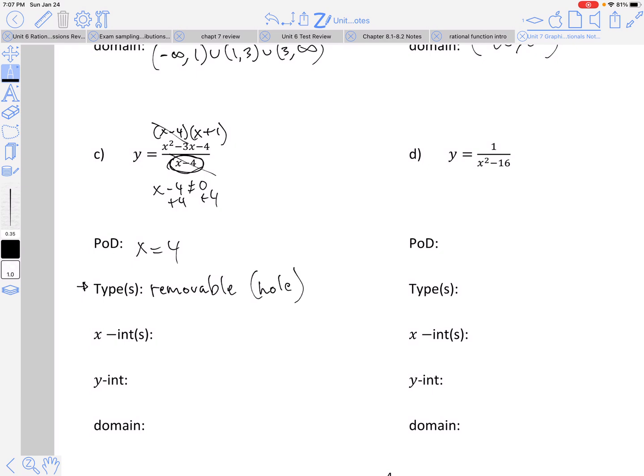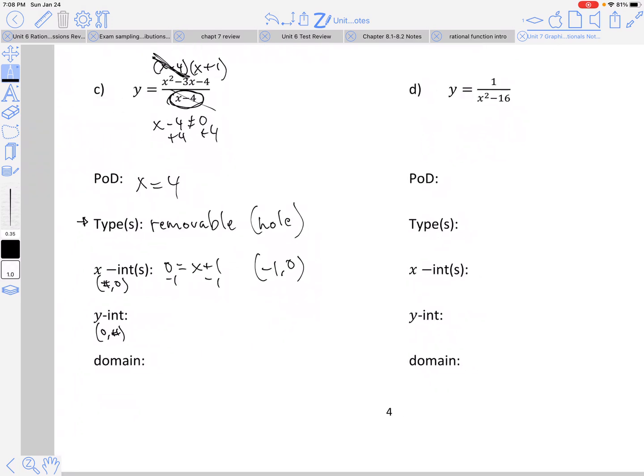Okay? Now our x-intercepts, if you remember from the notes, we don't care about that stuff that got canceled out. It's not going to be part of our graph. But 0 equals x plus 1. Whenever we're dealing with an x-intercept, we're going to have a number in the x spot and 0 in the y spot, and it's the opposite for the y-intercept. All right, so we're going to have negative 1, and 0.